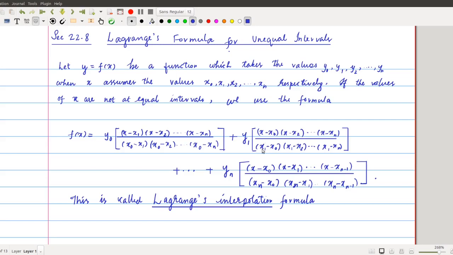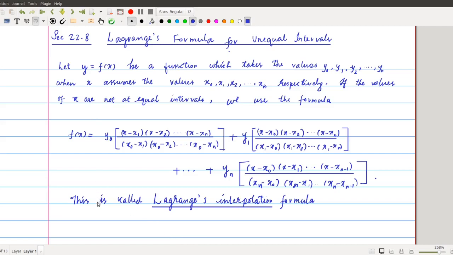The denominators are constant numbers, because x0, x1, x2, etc. are given, and the only unknown is x in the numerator. Plus etc., plus yn times this one. Here we avoid x minus xn in the numerator and xn minus xn in the denominator. So this is called Lagrange's interpolation formula.